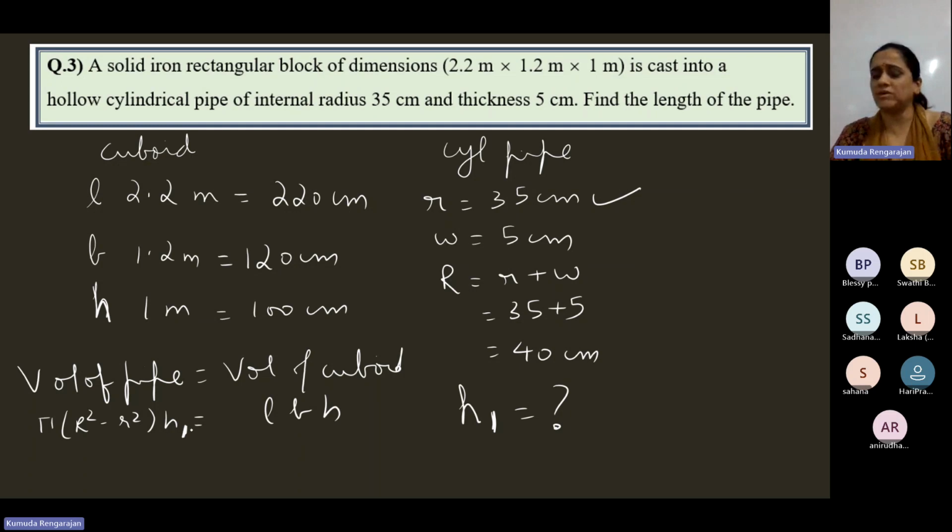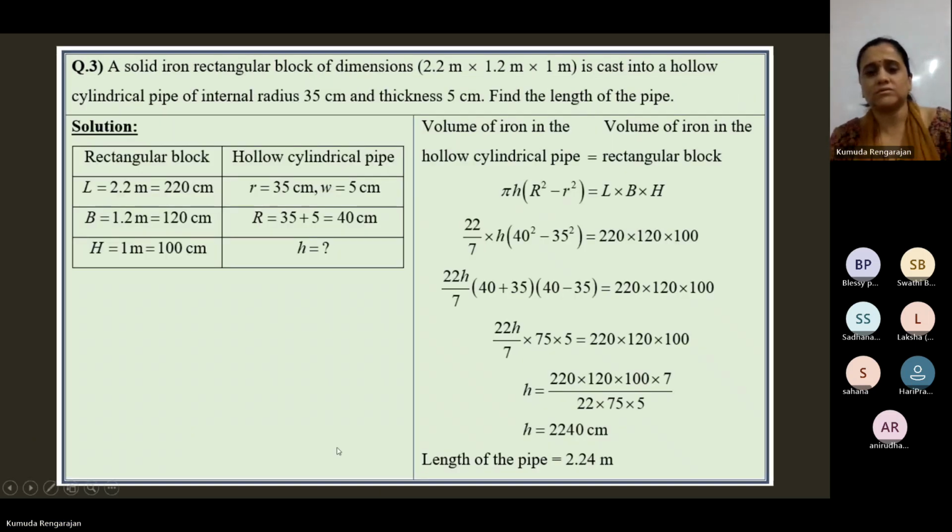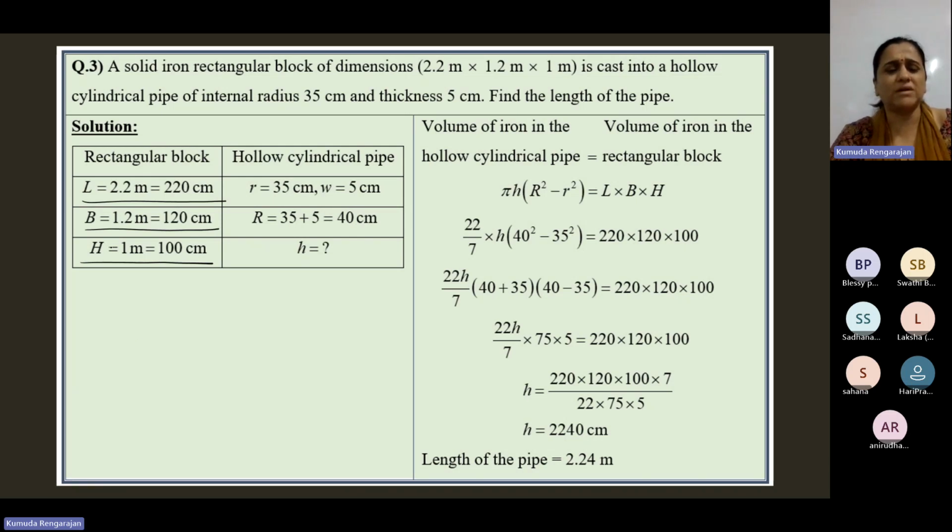So now substitute the values. You can see here length, breadth and height I've converted. I've just used capital LBH, but you can use small lbh. Then for the hollow cylindrical pipe, radius small r, capital R, H we don't know.